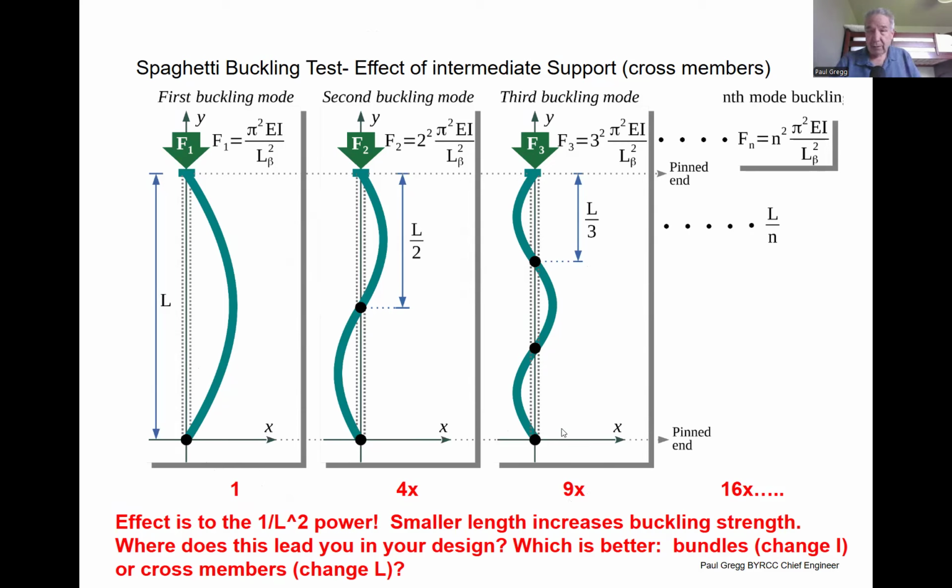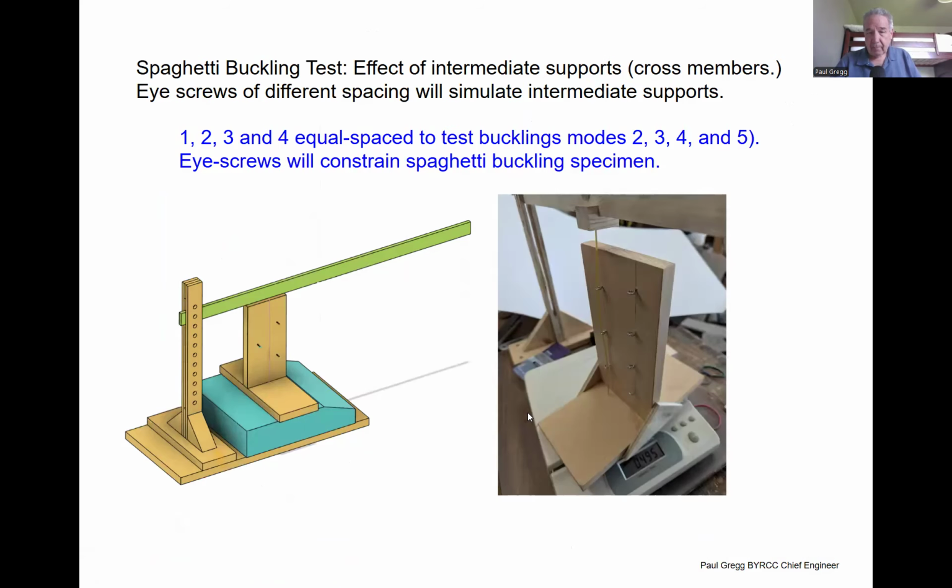So I made this little fixture with little eye hooks, and you can test the 10-inch piece of spaghetti with no supports, and then you do it with one support like over here, and two supports, so it's divided into three, and then three supports divided into four lengths, and four supports divided into five lengths.